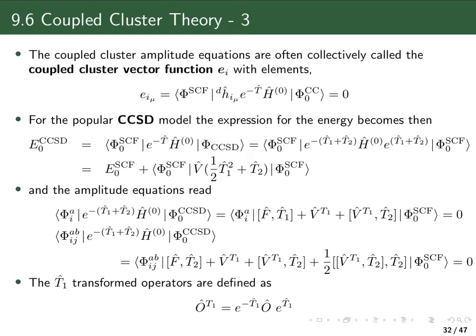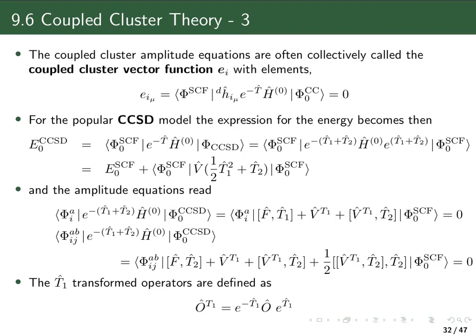But this equation here has the full T1 operator. So I have a sum over all the other T1 amplitudes. And I also have the T2 operator, which means I have a sum also over all the T2 amplitudes.